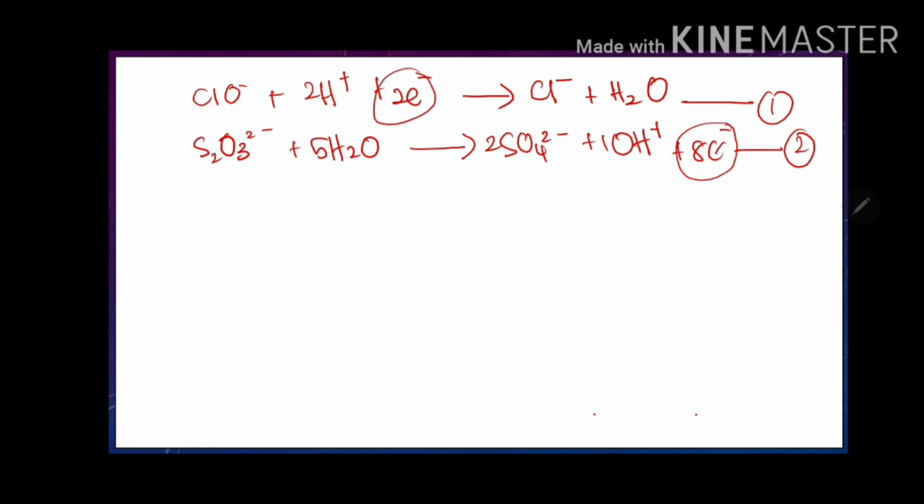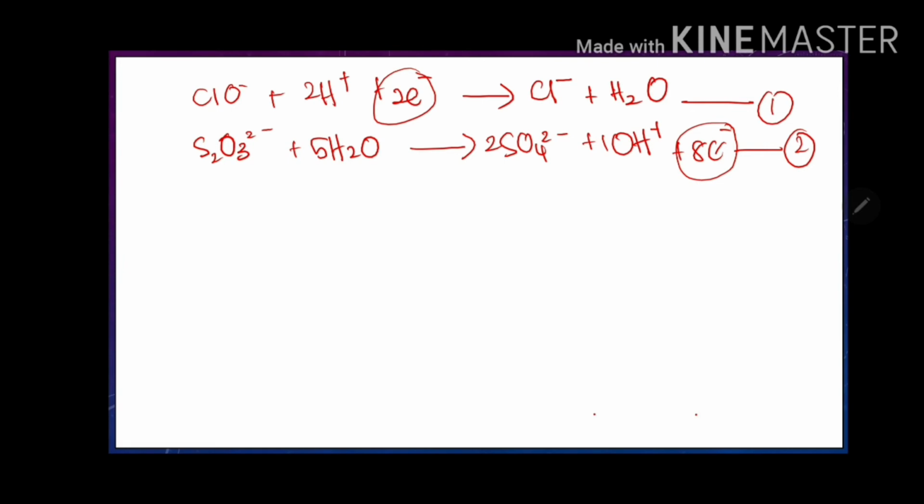If you notice, the electrons appeared on the left side for the first equation and on the right side for the second equation. Means these electrons can be cancelled out. But you must multiply some factor to make it the same so that it can be cancelled.